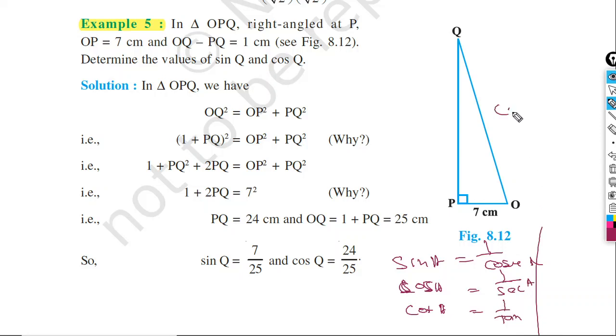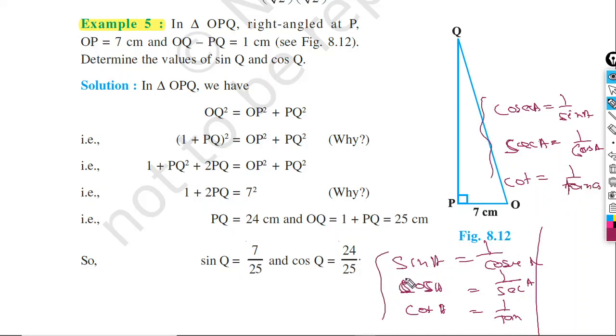That means cosec A equals 1 by sin A. Similarly, sec A equals 1 by cos A, and tan A equals 1 by cot A. So these are complementary.